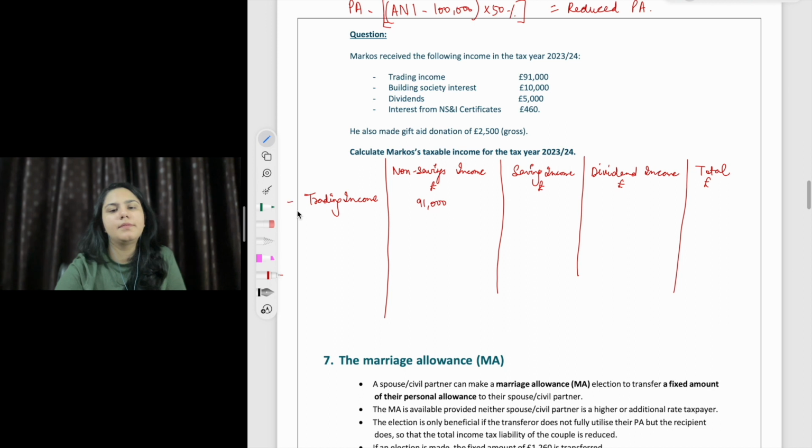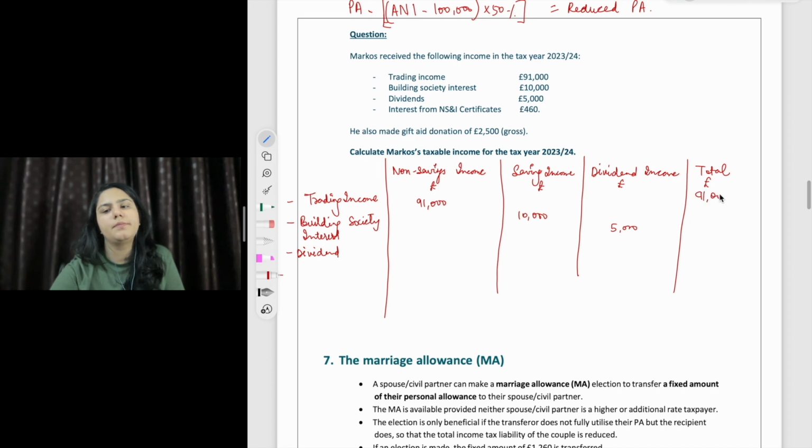Then I have building society interest, which is my savings income, of 10,000. Then I have dividend income, which is 5,000. So 91, 10, and 5.